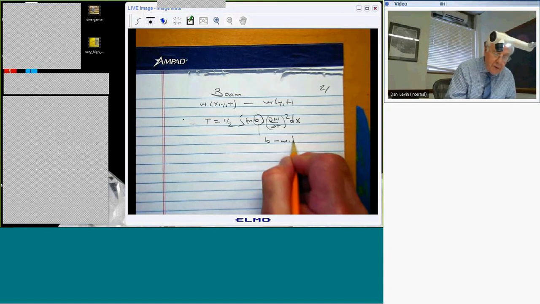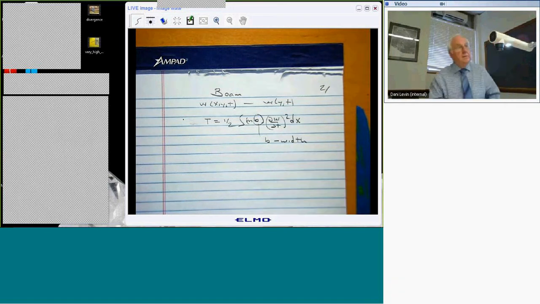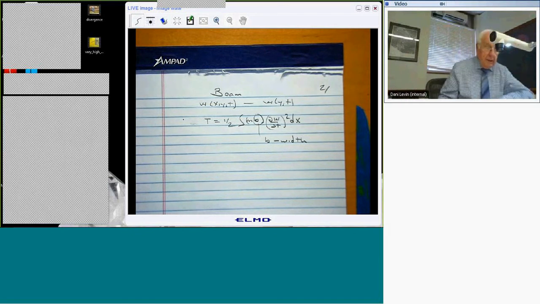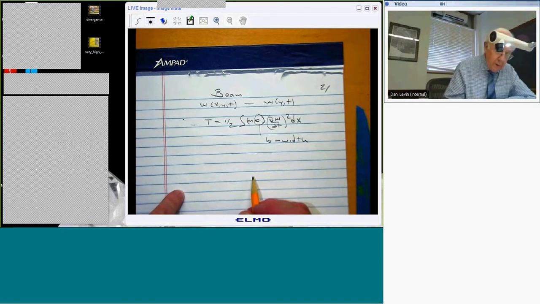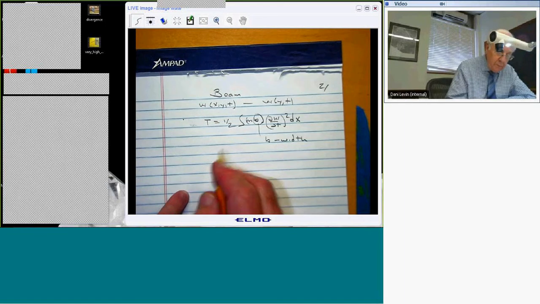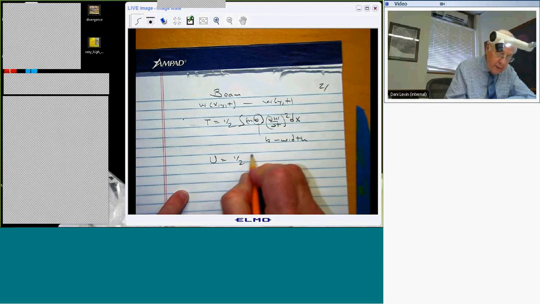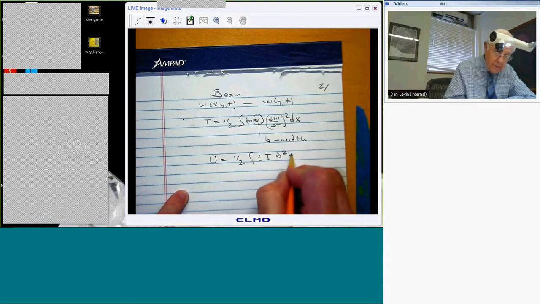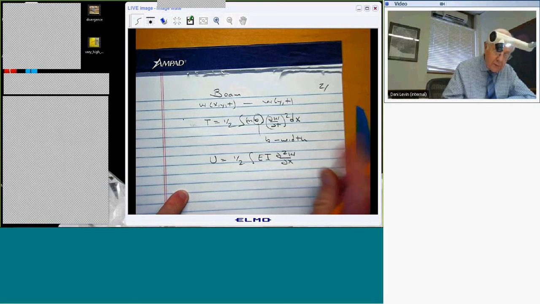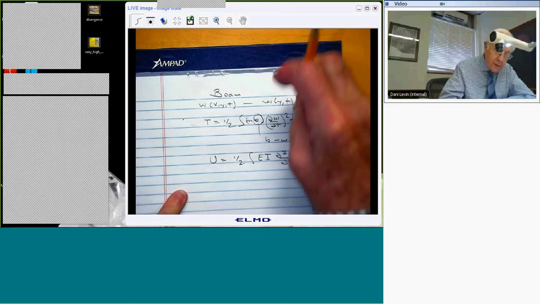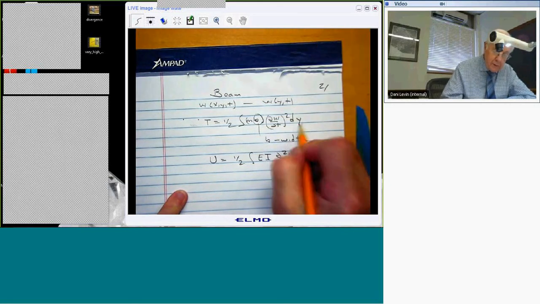That's the dimension in the y direction, right? So M_B is now mass per unit length along the beam, where M was mass per unit area, right? Okay. But more importantly, perhaps, U is 1/2 EI, that's the bending stiffness of the beam, second derivative of W with respect to, oops, I said Y, didn't I? Sorry about that.